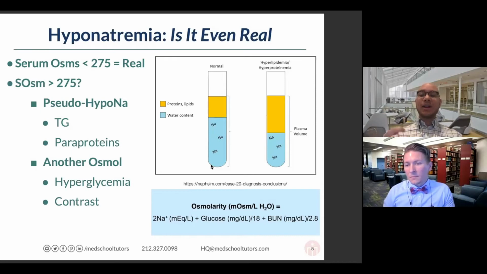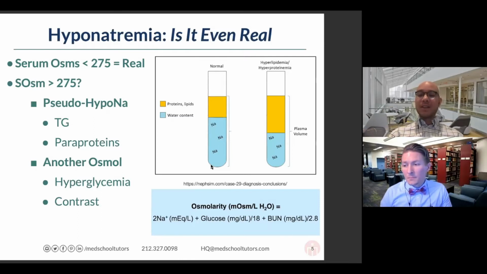It takes up some of that tonicity space, such that the total serum osms in your blood are high, but the sodium concentration is measured as low. That's also true for other osms, like contrast. And there's a nifty little graph there that visually shows how the expansion in the protein and lipid component of the blood can lead to a falsely low sodium when your tonicity is fine.